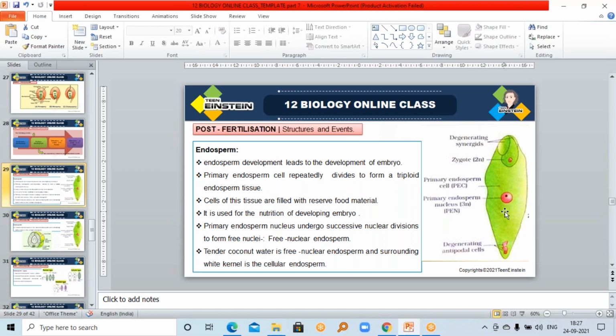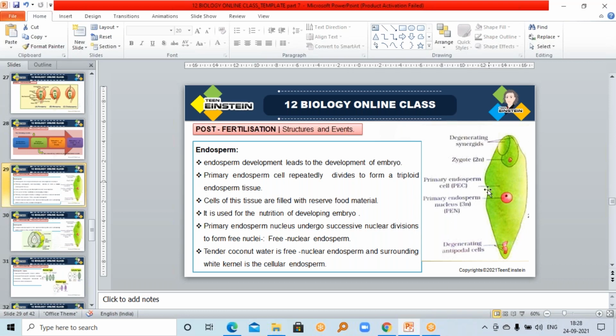As a result of that, the primary endosperm nucleus will form endosperm. So endosperm is a product of triple fusion, and the primary endosperm nucleus will undergo continuous mitotic division and form the endosperm. And endosperm develops from the central cell of the embryo sac.